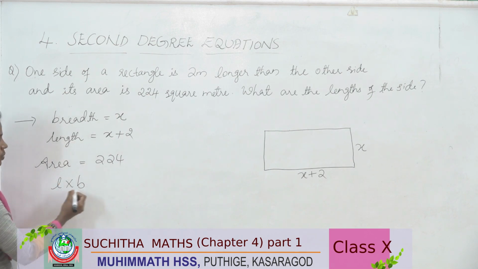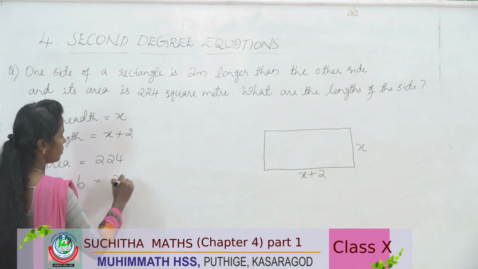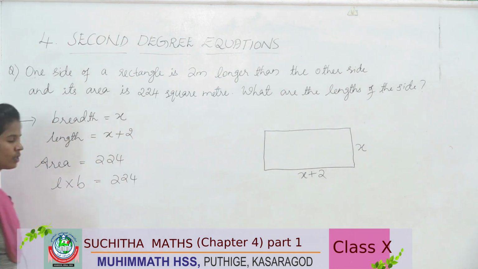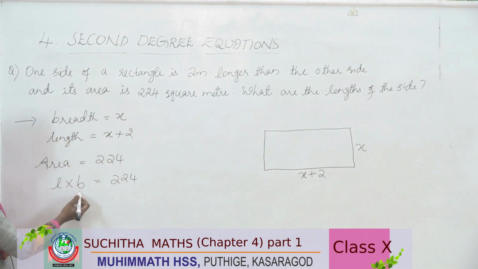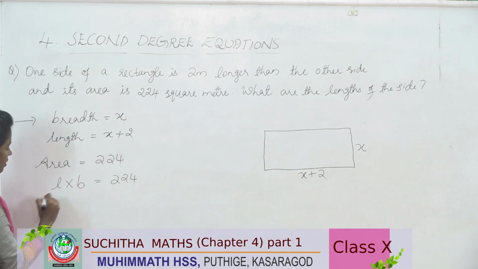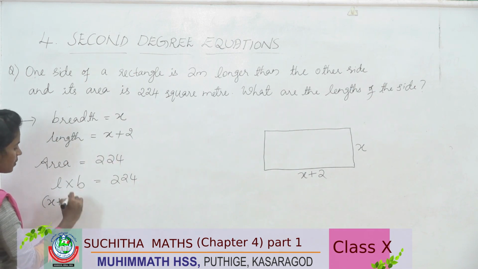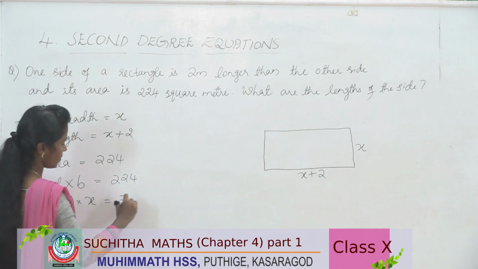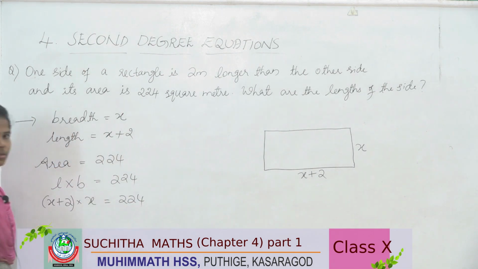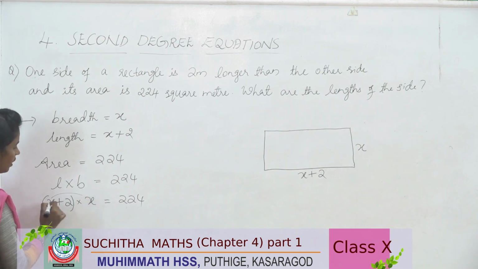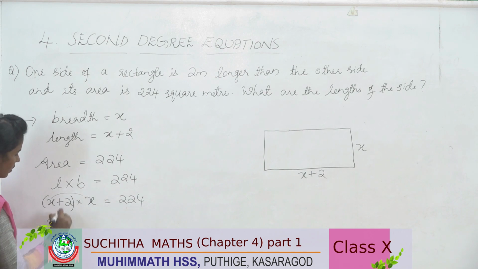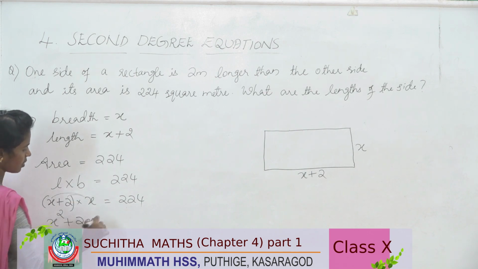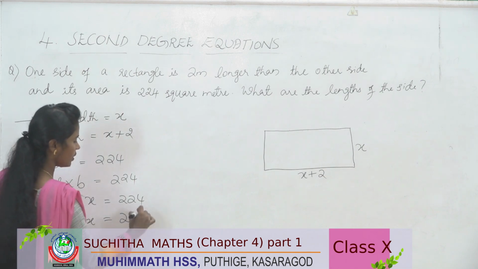So length into breadth equal to 224. Now apply the values of length and breadth. Length is x plus 2 into breadth is x equal to 224. Now multiply x into x, x square, then 2 into x, plus 2x equal to 224.